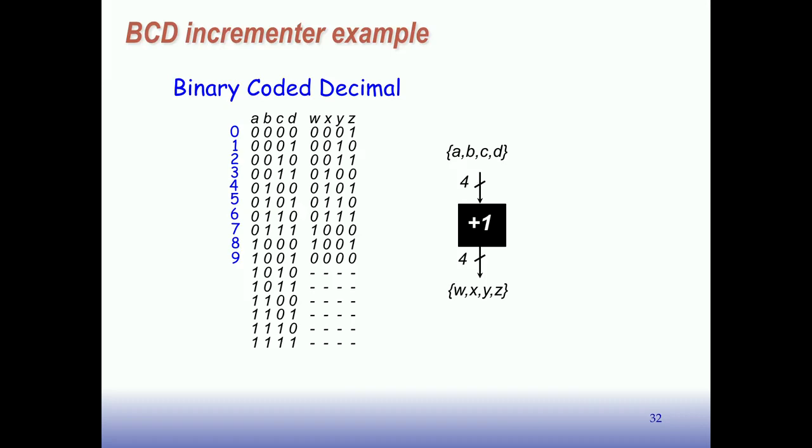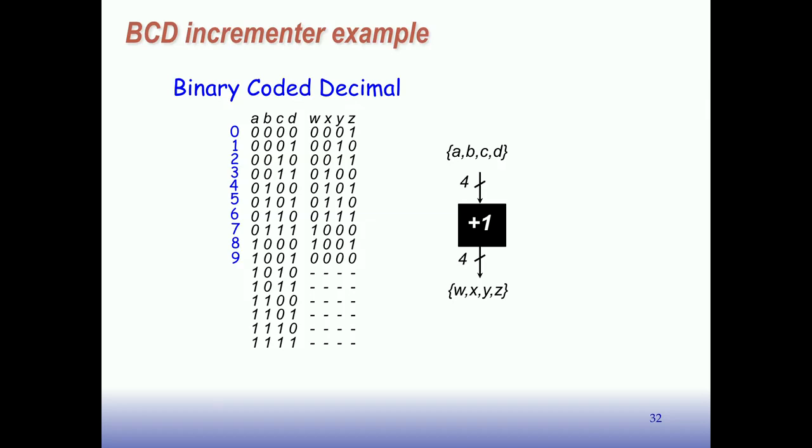So the idea of the circuit is we're going to put in these 4 bits, and, wait a minute, this doesn't make sense to me now either. Oh, it's an incrementer.